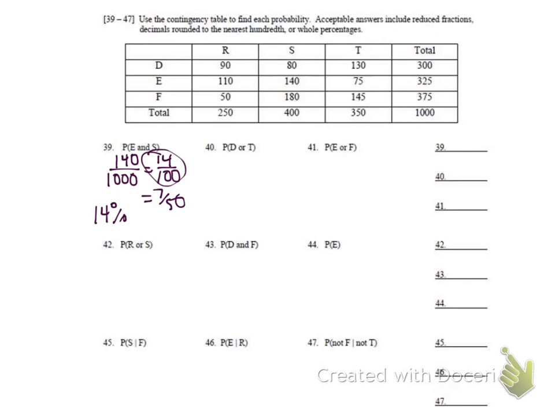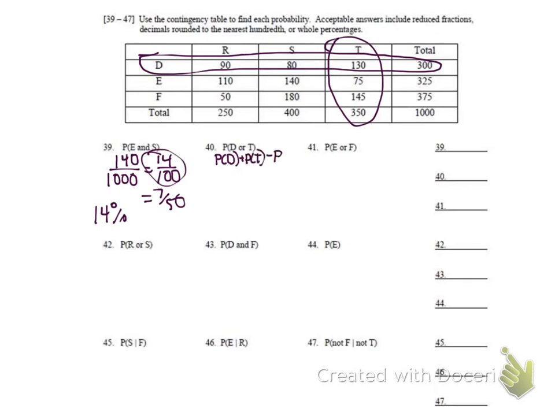For our next one, we want D or T. So here we're looking at the D row and the T column. And if we look at both of these, we can see there actually is an overlap. So we have to find the probability of D plus the probability of T and subtract that overlap of D and T. The reason is otherwise we double count it, because if we added up all the values in D and added up all the values in T, the 130 shows up twice.